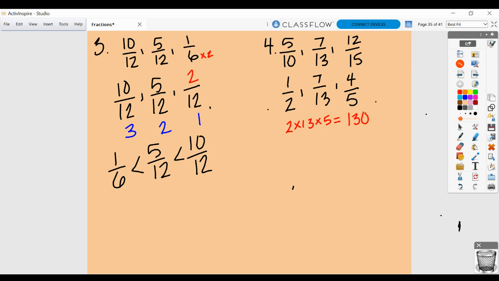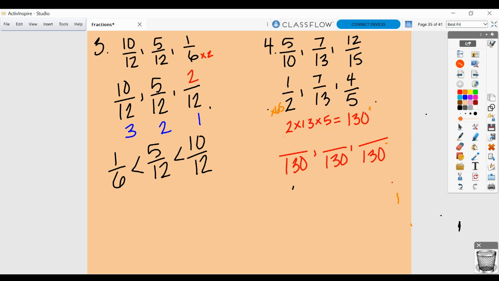Okay, so your new denominator would be 130. So 2 times what was 130? Take 130 and divide it by 2, and you get 65.